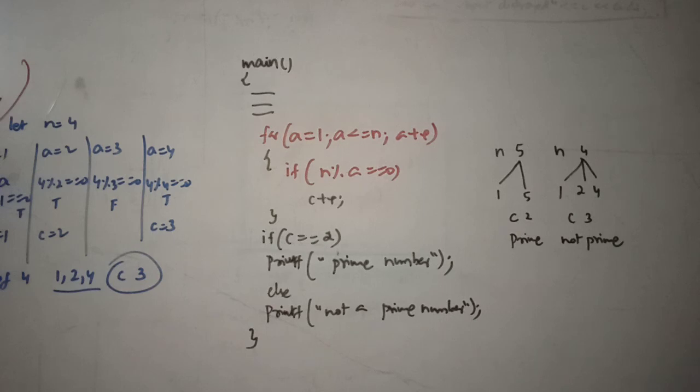So based on this, you can try one program. Check for a number perfect or not. Perfect number. Sum of factors of any number other than that number is equal to original number, is perfect number.